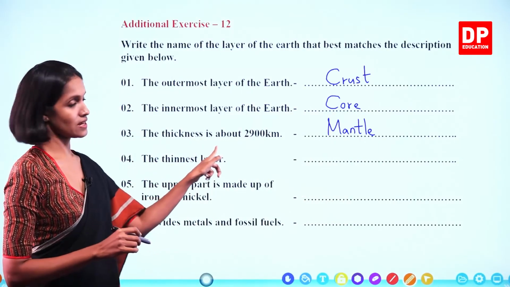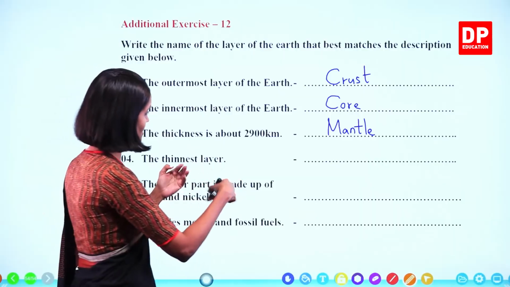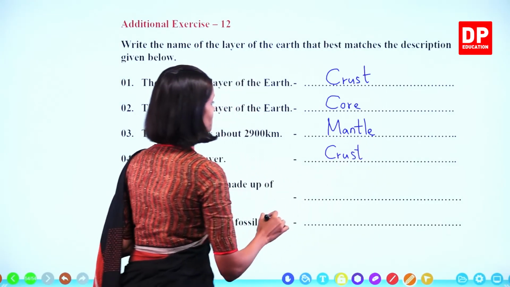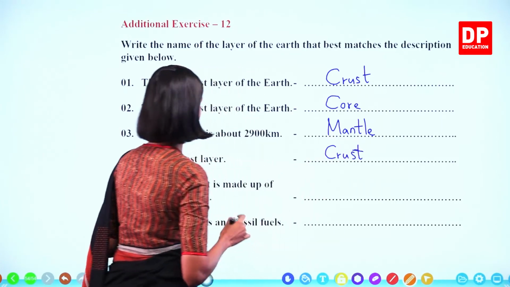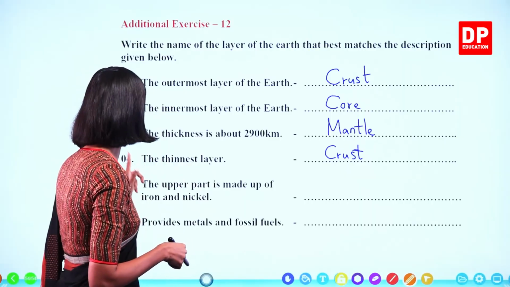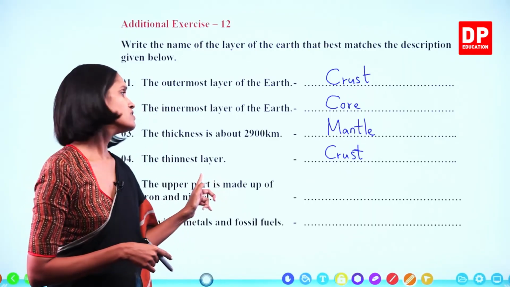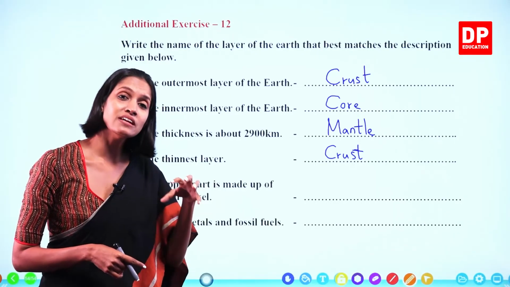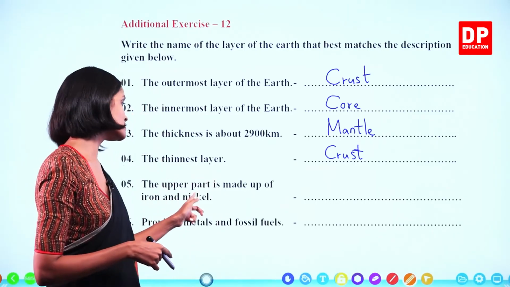Next one, the thinnest layer. What is the thinnest layer? Again, crust, the outermost layer. Right. Number 5. The upper part is made up of iron and nickel. So what is this about, children? Do you remember the layer that contains iron and nickel?